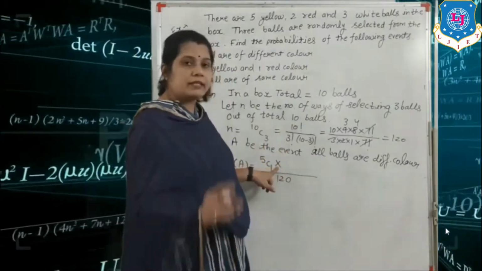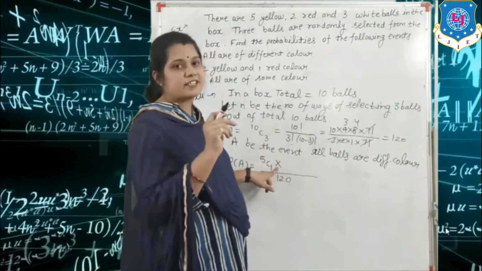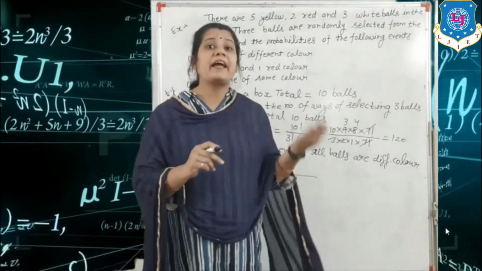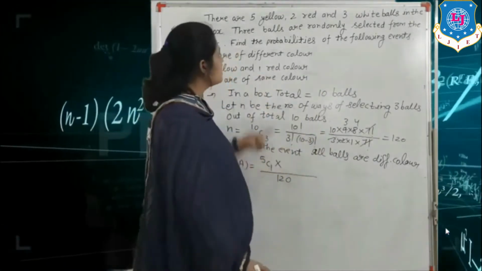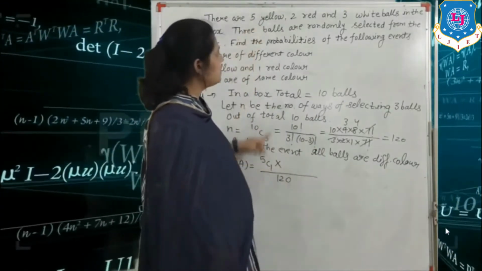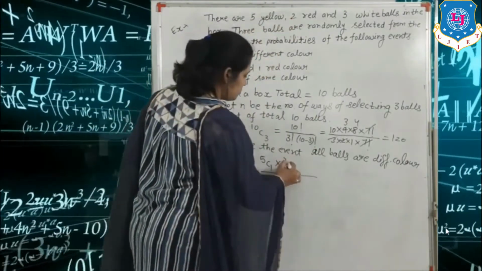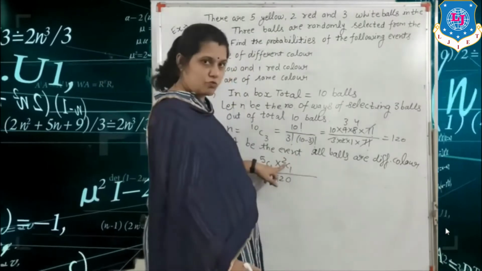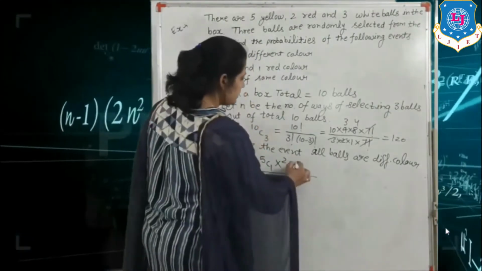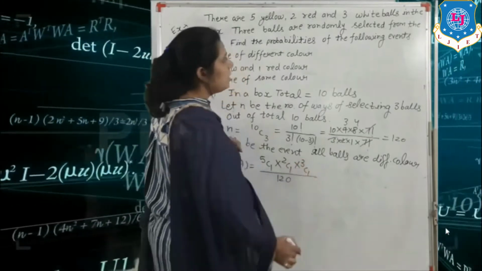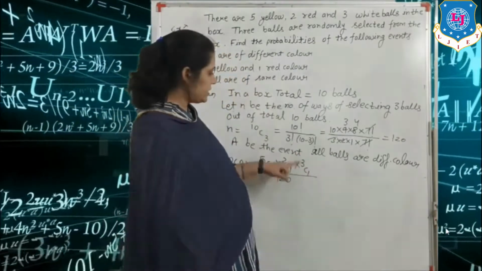Because multiplication means intersection, intersection means and. So one ball is yellow, so we write 5C1. One ball is red, so the total is 2 red balls and we select one red ball. Next is 3C1, because our total white balls are 3.